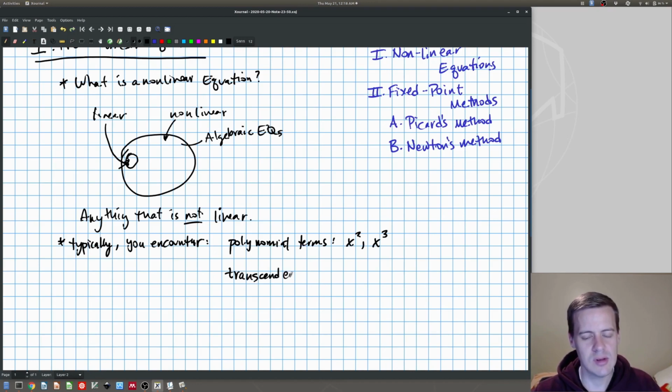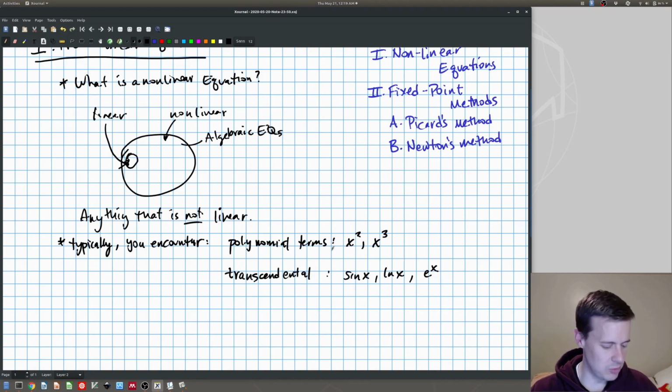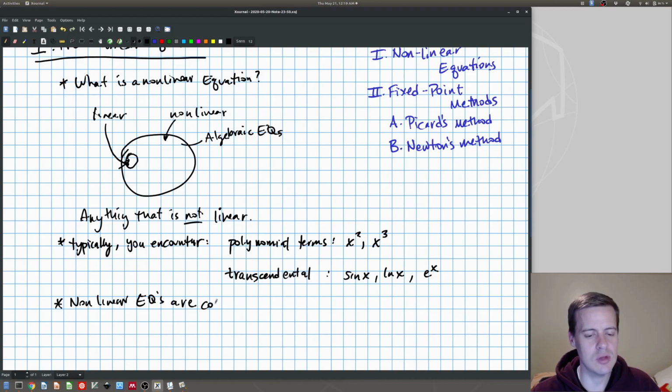These are like sine of x, log of x, e to the x, things like this. These are the sort of hallmarks. If you see x squared, it's nonlinear. That doesn't obey the property of linearity. Nonlinear equations are extremely common in engineering. I use EQ for equations. My writing today, suffering.